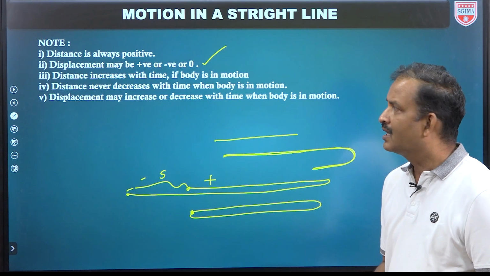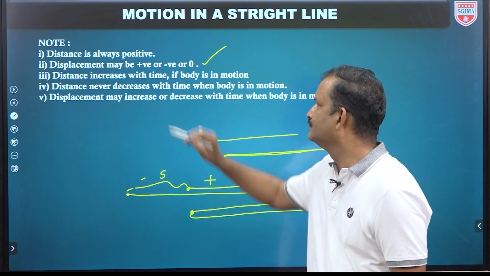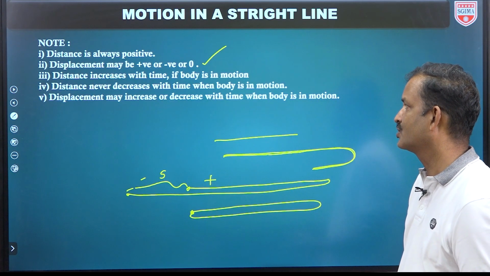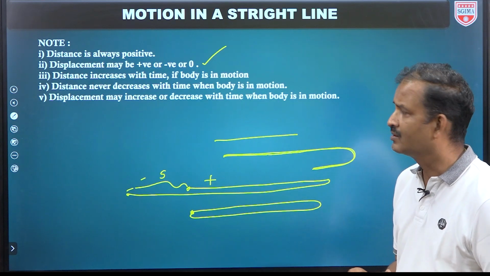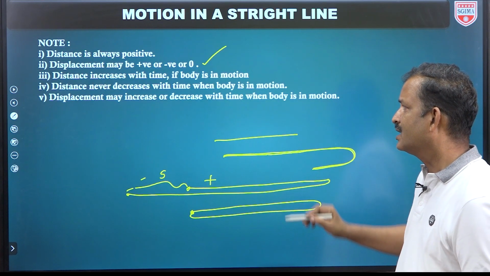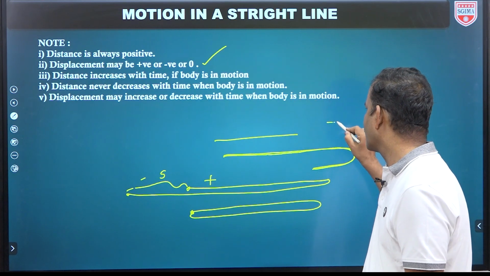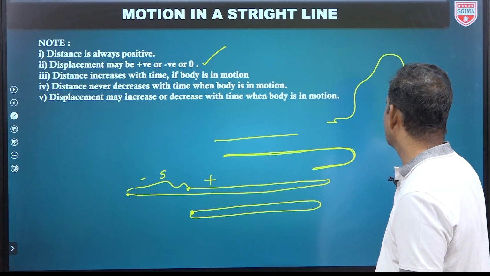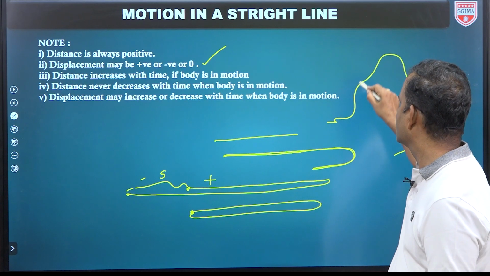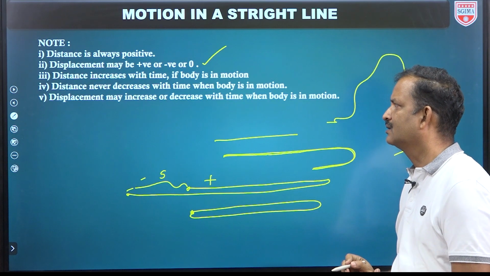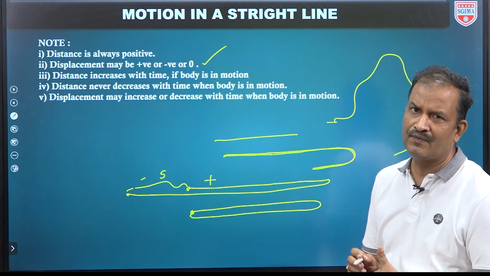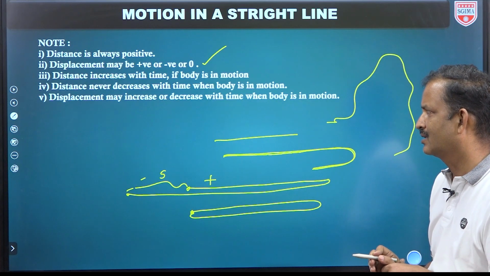Distance increases with time if the body is in motion. If the body is at rest, distance will not increase. If the body is in motion, distance increases with time. In whatever direction it is moving, distance increases. It is always an increasing function if it is in motion; if it is at rest, it is constant.